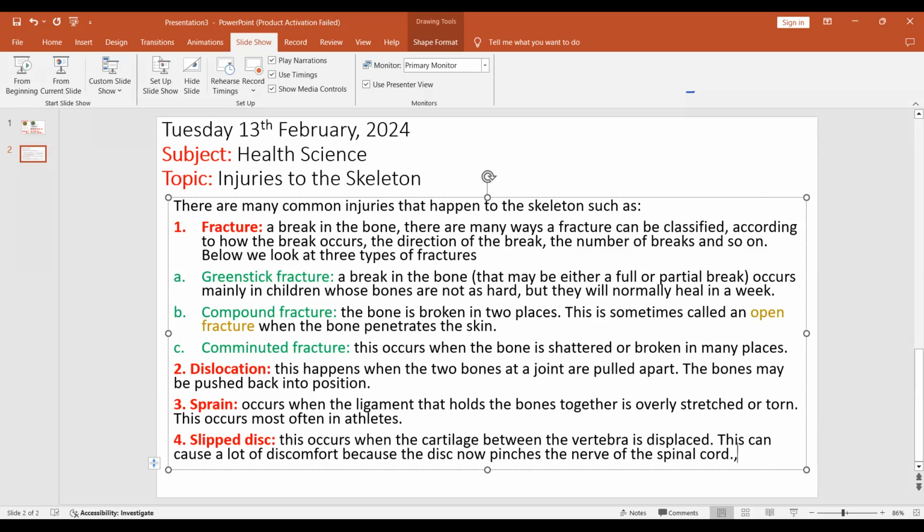So the last one is what we call the slip disc, and that's going to be the last one.